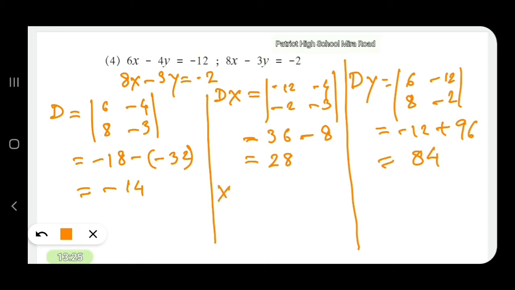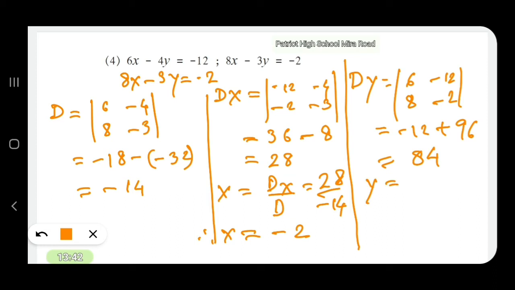X will be equal to dx upon d, which is 28 upon minus 14. So it will be minus 2. X is minus 2. Y is equal to dy upon d.